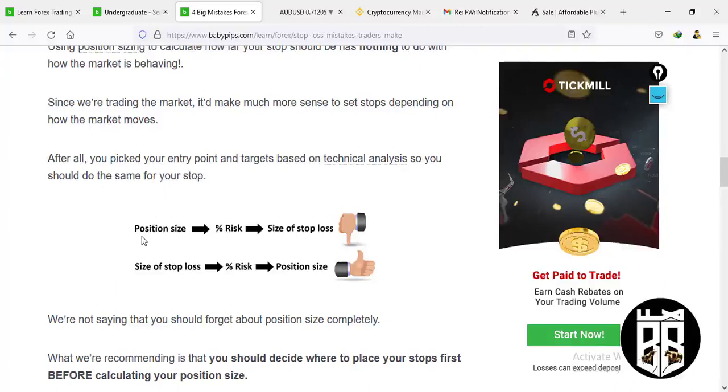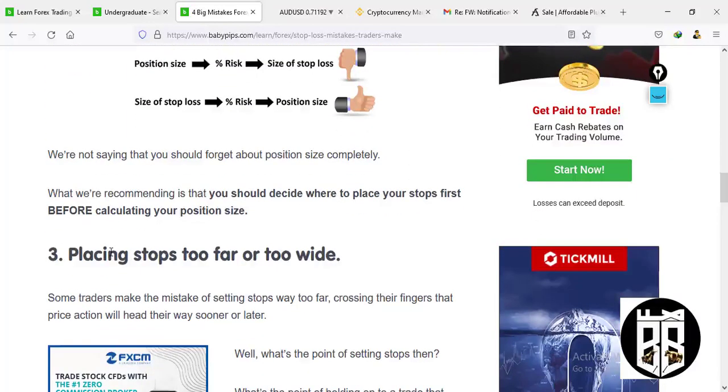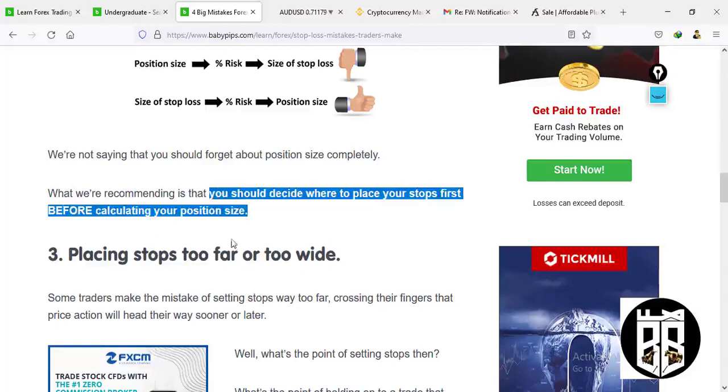Don't go position size equals risk equals stop loss. No, go this way: size of stop loss, plus risk, plus position size. We recommend that you decide where to place your stops first before calculating your position size. That's what Babypips is telling you and me.